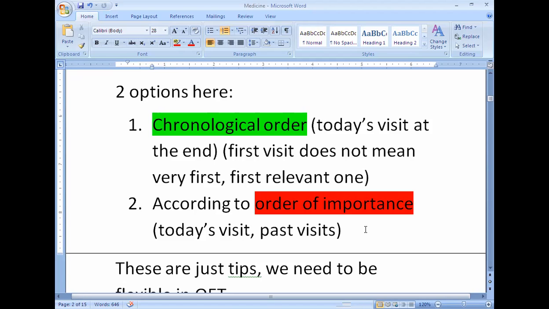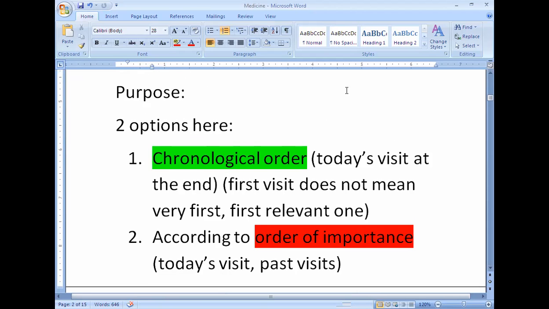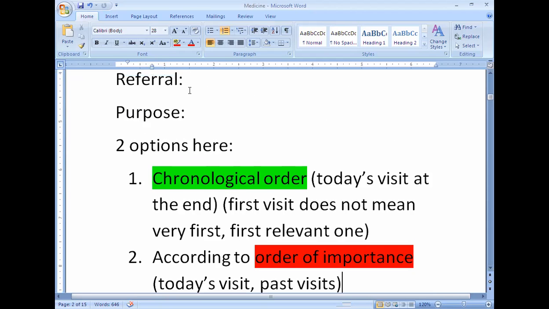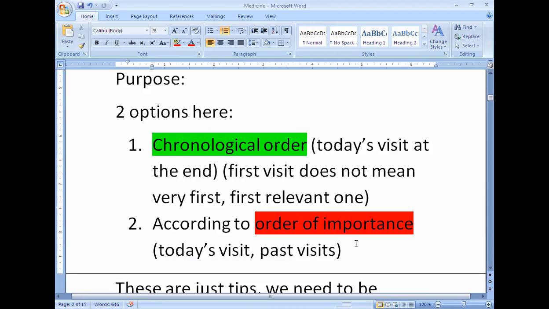What I wanted to tell all of you is that in normal referral letters we can use both chronological order and order of importance, but mostly we use chronological order because the patient is not urgent.